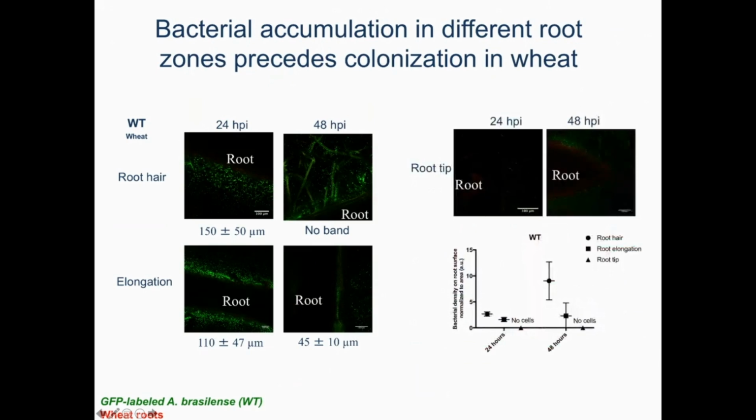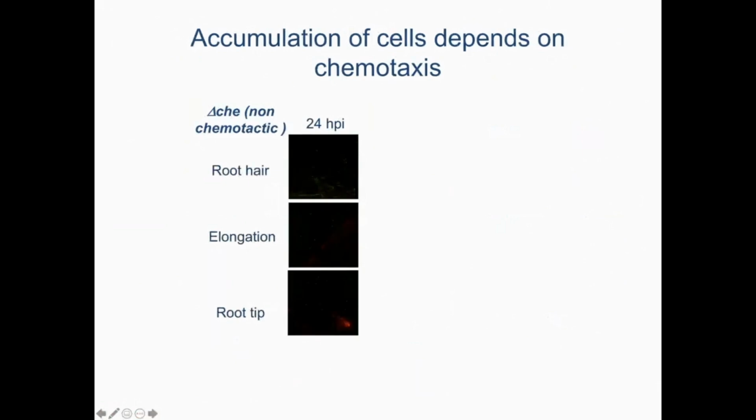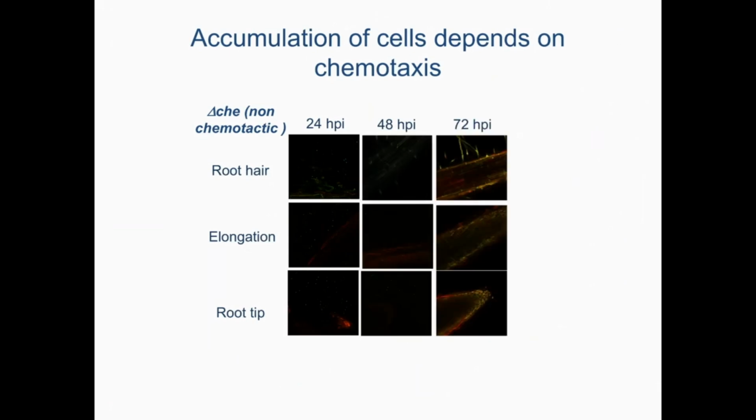If you look at the root tip, there is absolutely no colonization, and we actually can quantify this pattern of colonization and see there's very little colonization of any of this area at 24 hours, and a lot more of the root hair and root elongation zone at 48 hours. So we know that depends on chemotaxis, because if you use this non-chemotactic mutant that is fully motile but cannot detect signal in the environment, we can wait over time, we never see any colonization of any of this area.